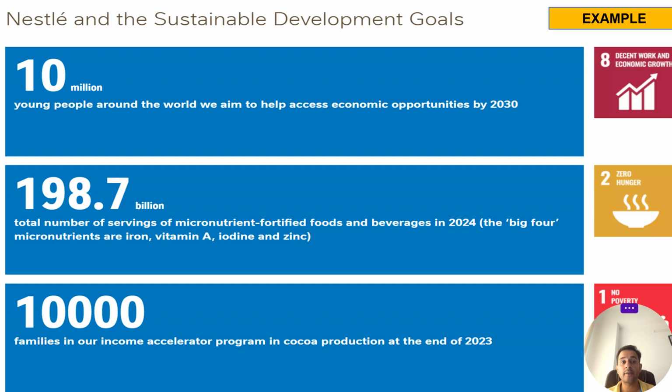For example, they're associated with farmers, different dairies, maybe packaging companies, their suppliers, others. So directly or indirectly, this is the number of people, 10 million people who are engaged with Nestle, and they will get economic benefits. So decent work and economic growth. This is how it is relating to SDG number 8.